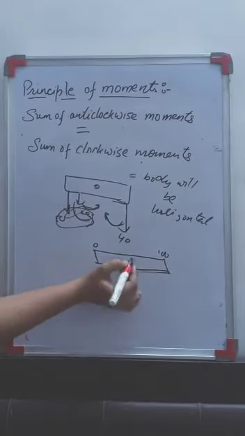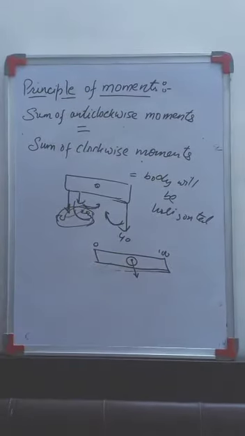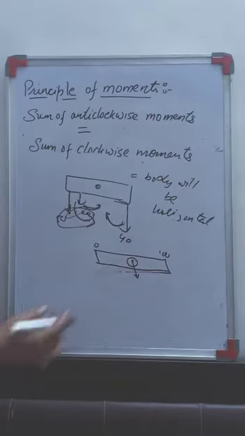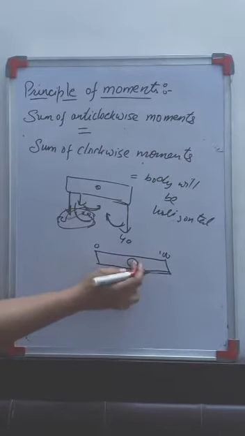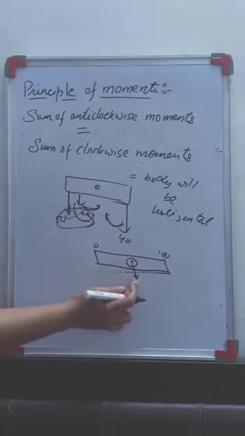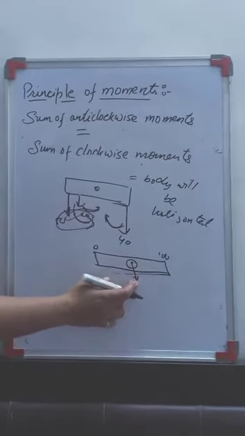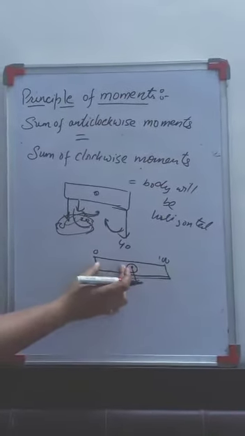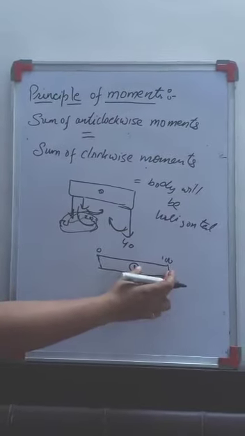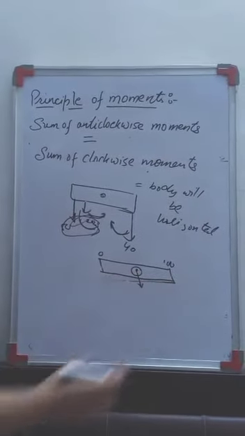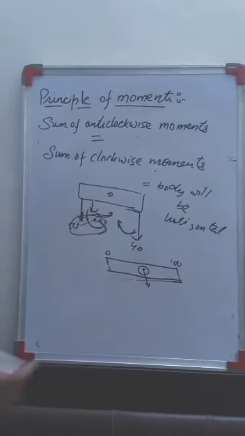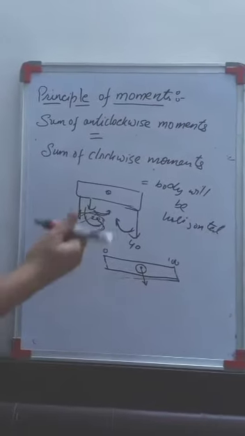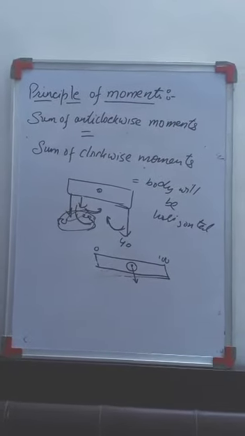If the scale is pivoted at the center, then what will happen? See, the total weight of the scale will act downward, right? And the distance over here is 50, and over here is 50. That means your clockwise moment is becoming equal to the anti-clockwise moment. So in that situation, the scale will be in a horizontal position.